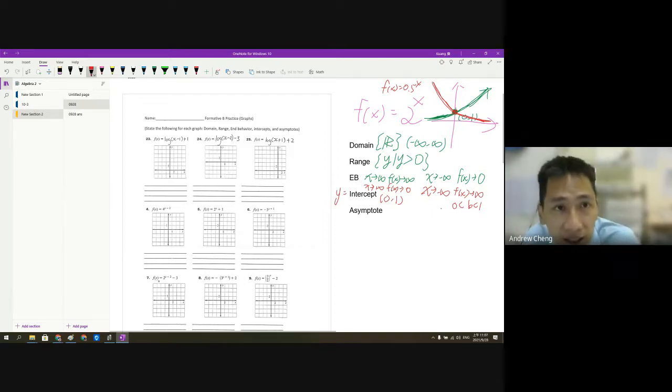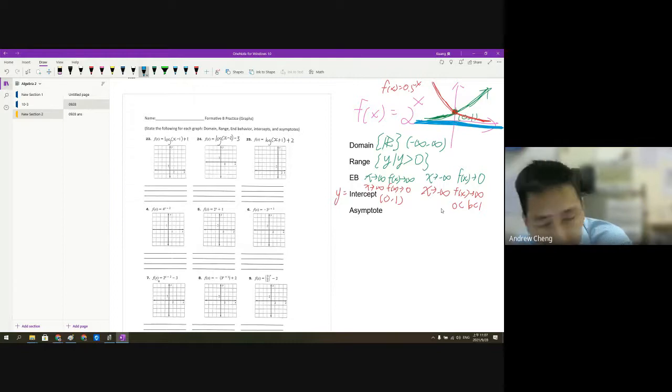In this case, the asymptote is this horizontal line, the x-axis, or y equals 0. So for an exponential parent function, the asymptote is y equals 0. For a logarithmic function, the asymptote is a vertical straight line, but for the exponential parent function, the asymptote is y equals 0.